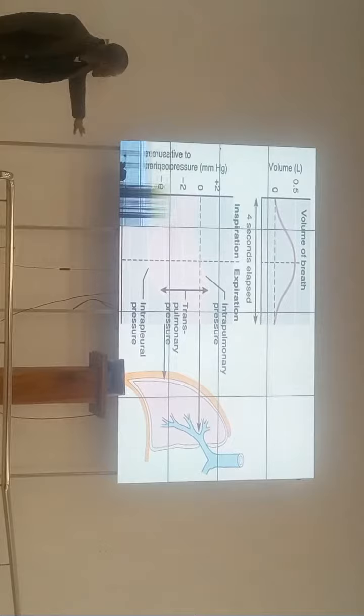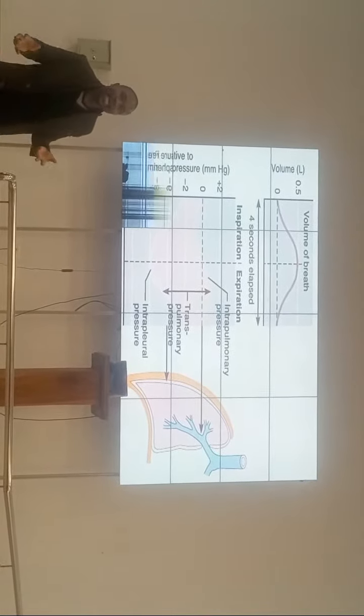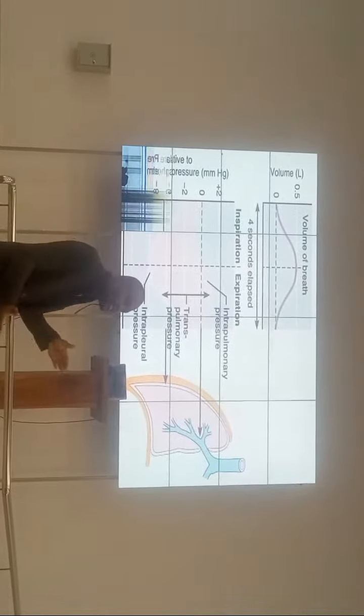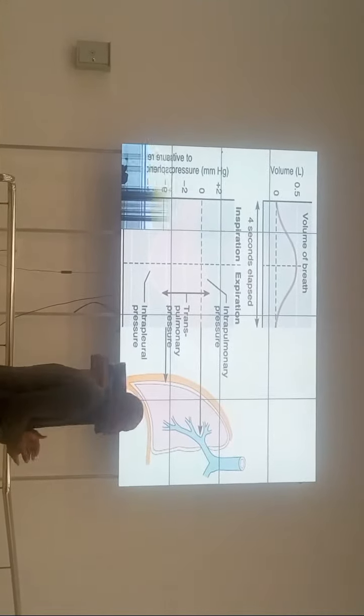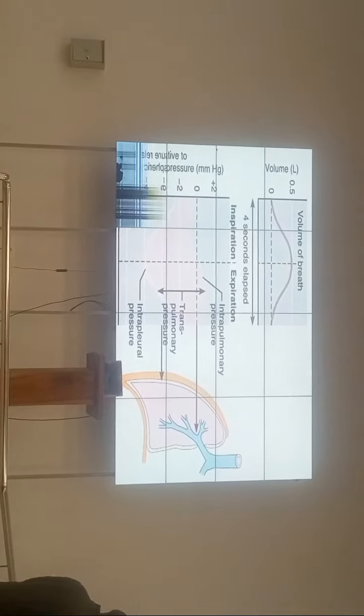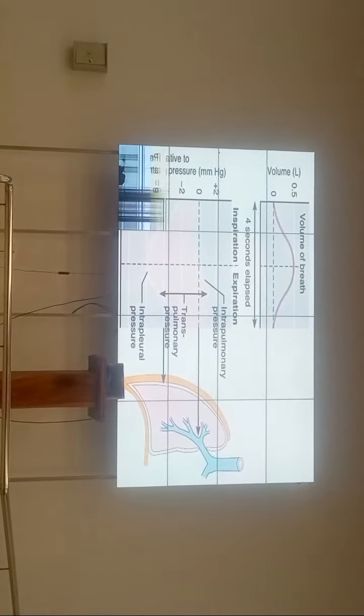That's when you see the largest difference, and that's when the air is sucked in. When you see a small difference between the two, the pressure allows the air to go out of the lungs.